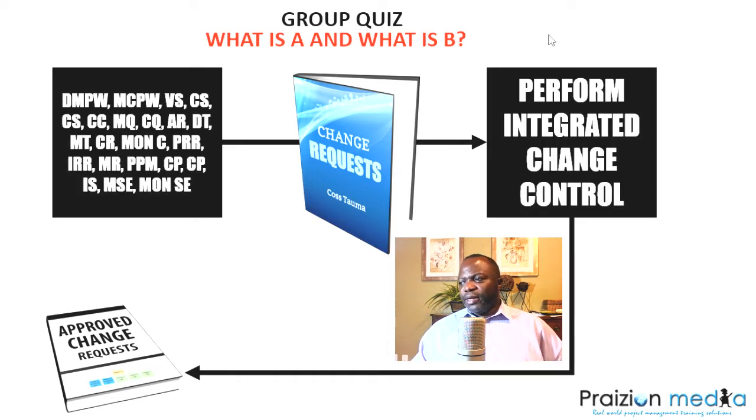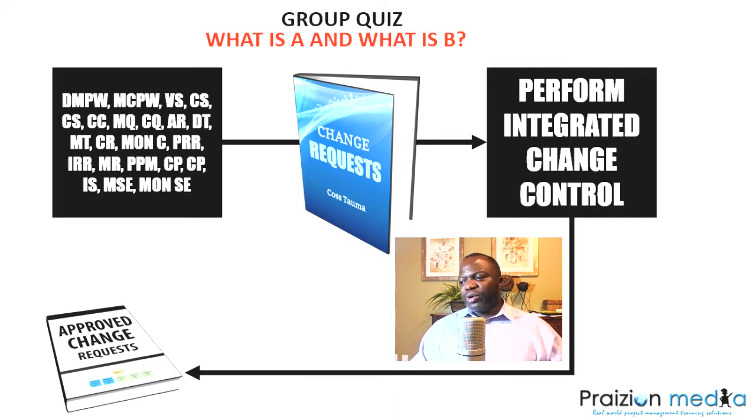You ready? There it is. So we've got direct and manage project work, monitor and control project work, validate scope, control schedule, control cost, manage quality, control quality, acquire resources, develop team, manage team, control resources, monitor communications, plan risk responses, implement risk responses, monitor risks, plan procurement management, conduct procurement, control procurement, identify stakeholders, which is interesting, manage stakeholder engagement, and monitor stakeholder engagement.